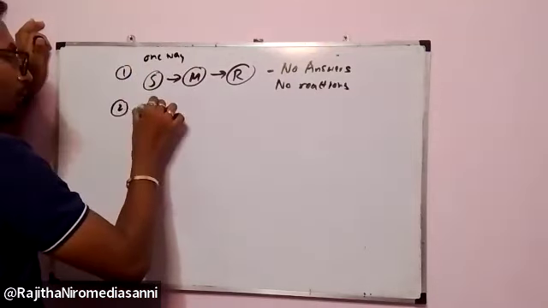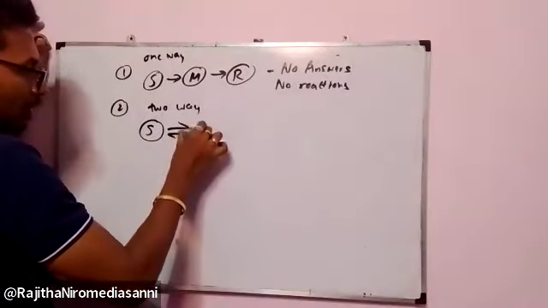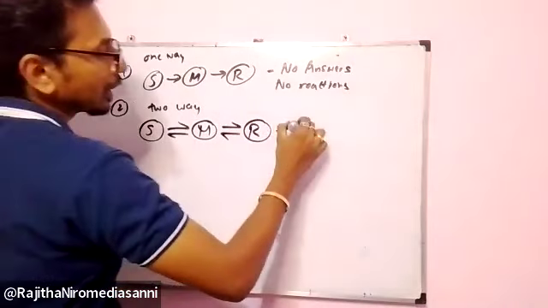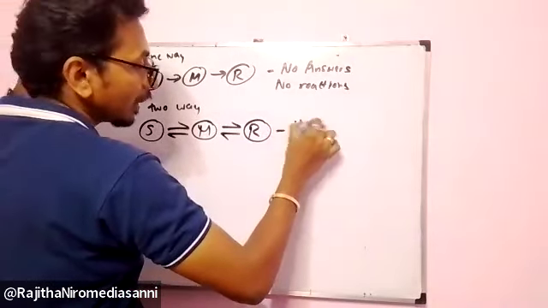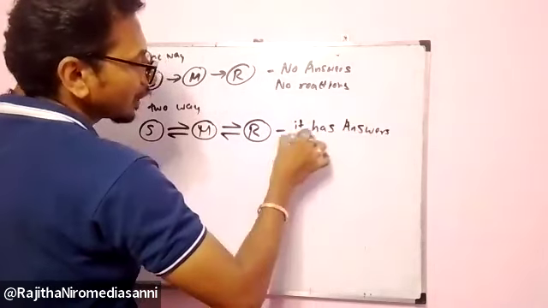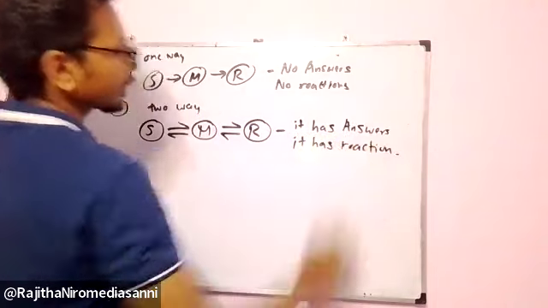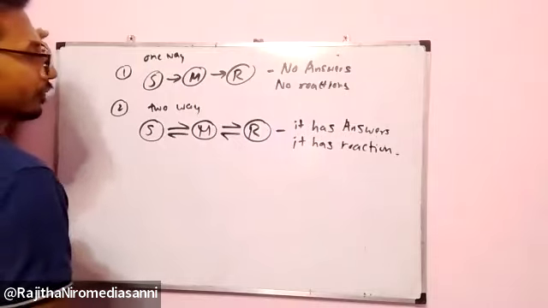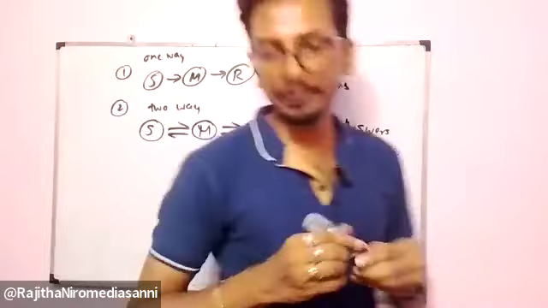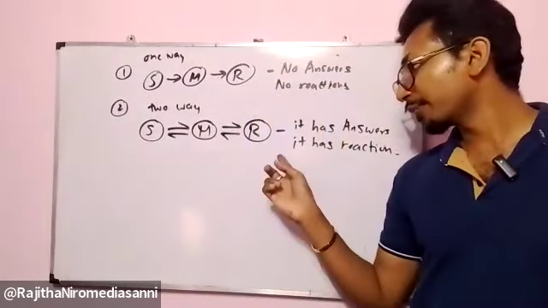Now the second one, two way, like this. Sender, change the arrows, and receiver. It has answers. It has reactions. It means feedbacks. Just draw this. Very simple idea. This is the proper communication.